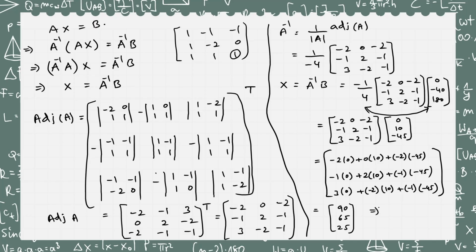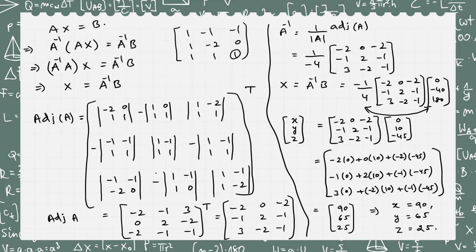So that implies x value will be, our x matrix was x, y, z, right? So the first entry was the answer for x. So x equal to 90 and y equal to 65 and z equal to 25.